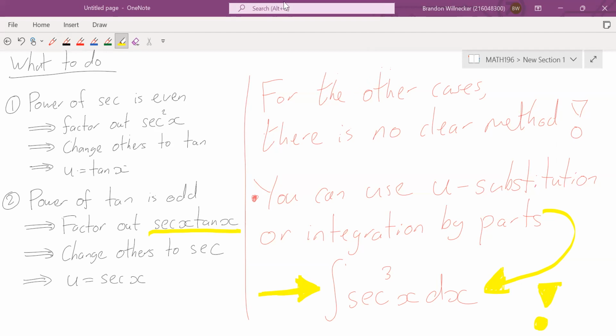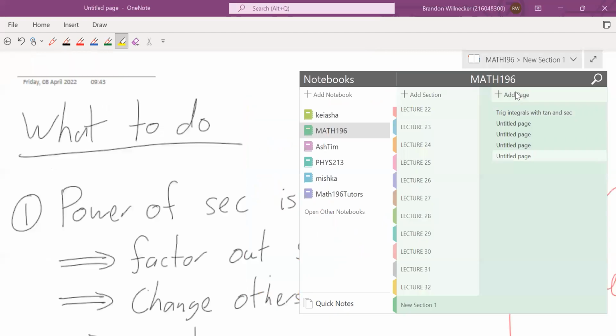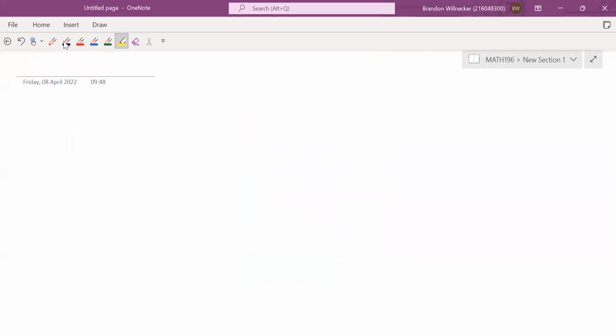Okay, let's look at another example where we can use this method, and then we will look at the example of sec cubed, because that's a separate case. Okay, so this is example 2.